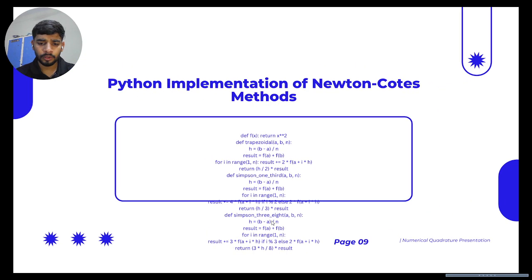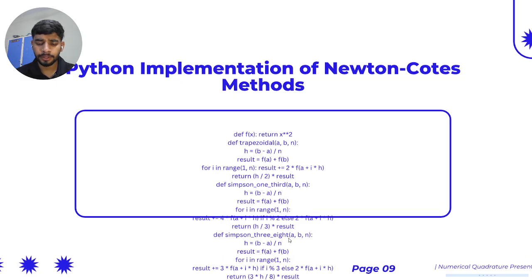Now it comes to Simpson's 3 by 8 rule, where we also give the same arguments, calculate the same difference, store f(a) plus f(b) into the result, and start the for loop for i in range of 1 to n.